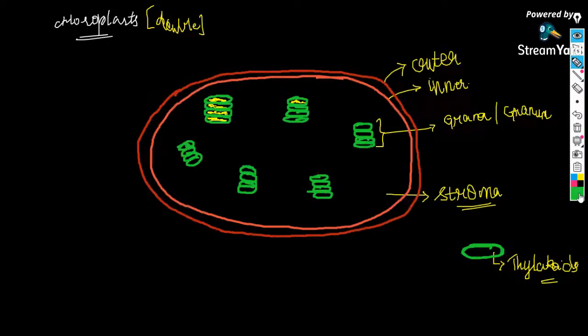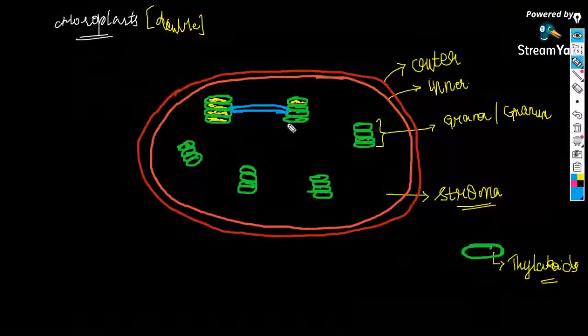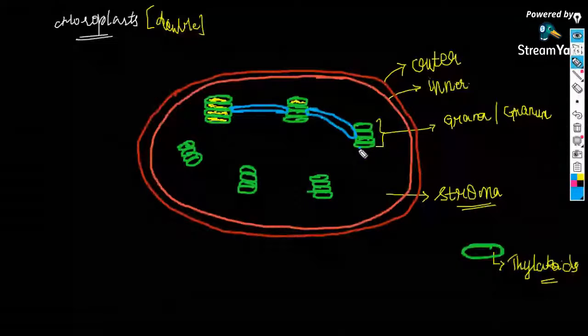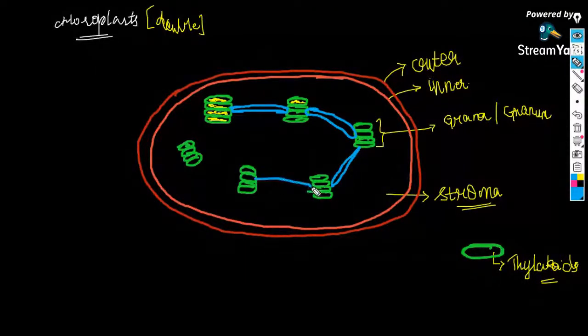Okay, so these grana are interconnected by, actually I'm drawing it with another color in order to make you understand. This is again a thylakoid itself, getting arranged like this.